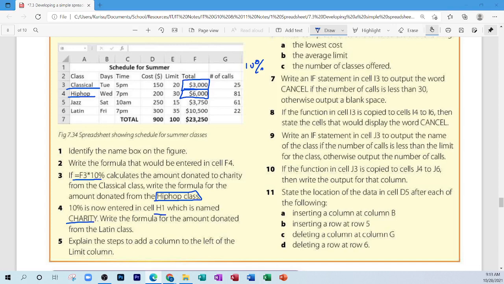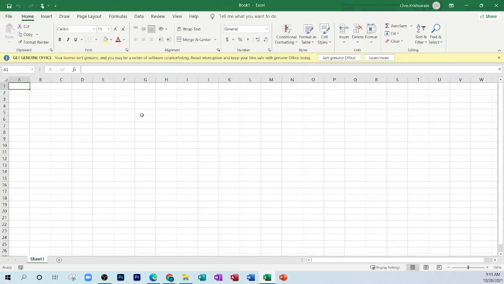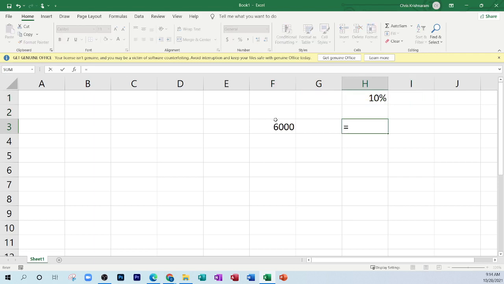So let me give you guys the actual example of it. This is why you should have at least practiced it. Say if you had that 6,000 here, and we had that 10% at the top here, and we want to calculate it, equal that multiplied by H1, enter.